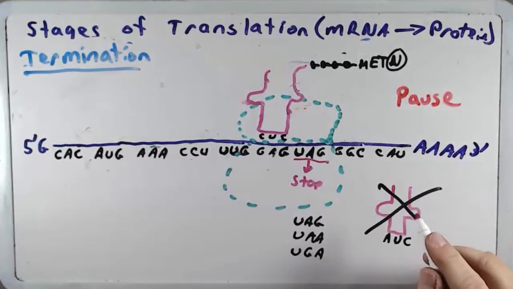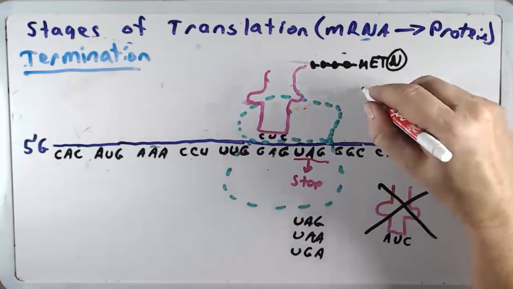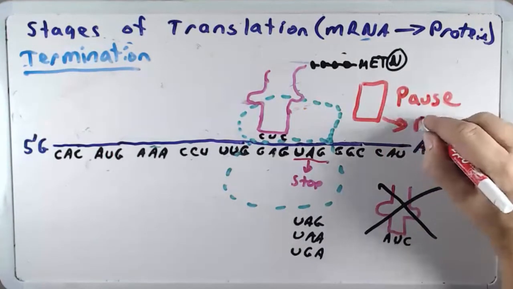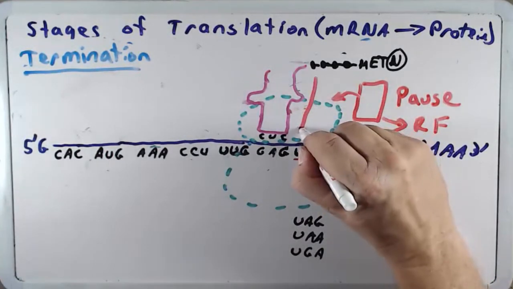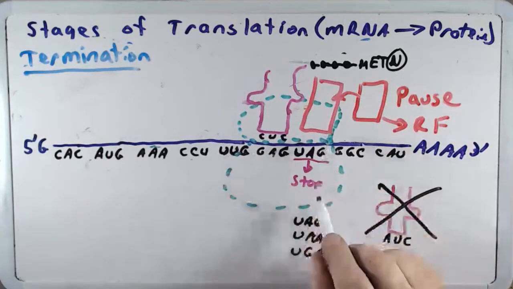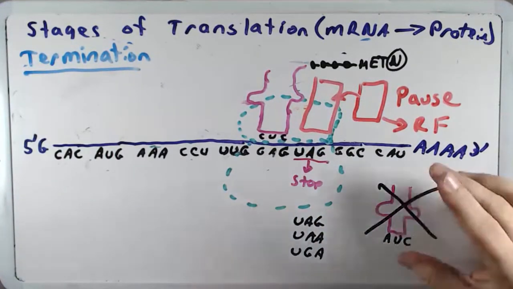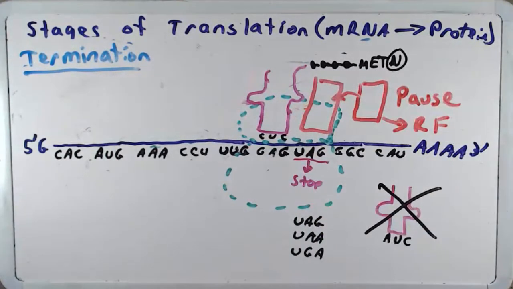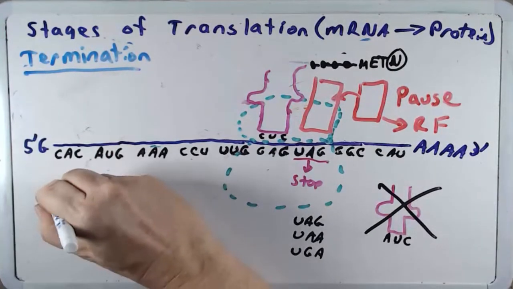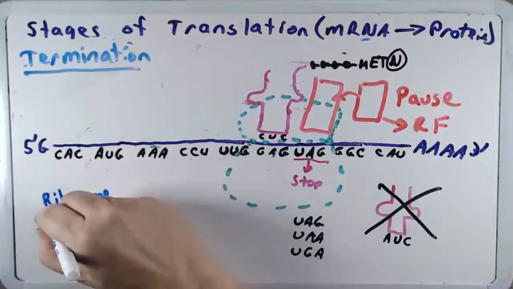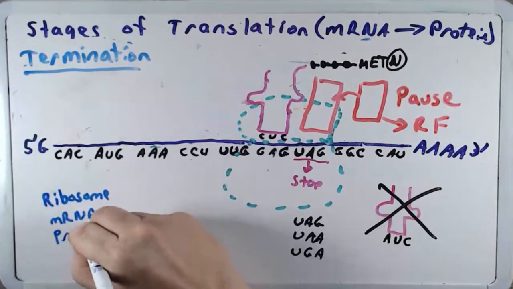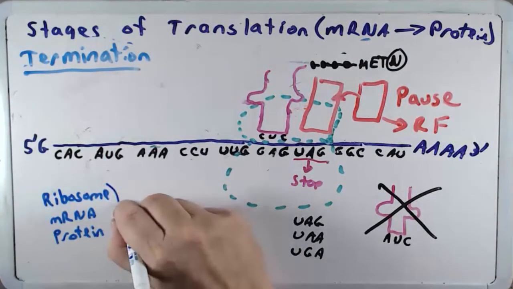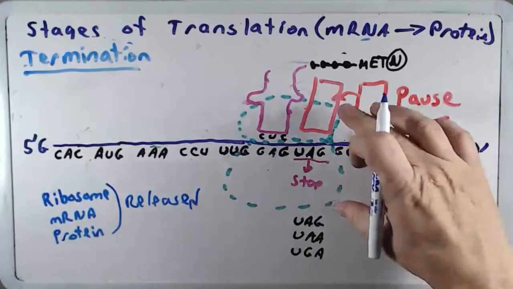And when it pauses like that, a protein structure called a release factor, we're just going to call it RF, but that stands for release factor, moves into this spot here. When it moves into the spot where the stop codon is, it causes this structure to disrupt. So when that binds, the ribosome falls off, the messenger RNA is released, and the protein is released. So these all are released from this structure here.